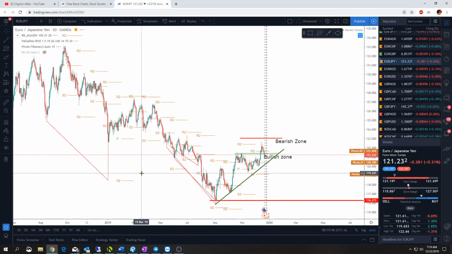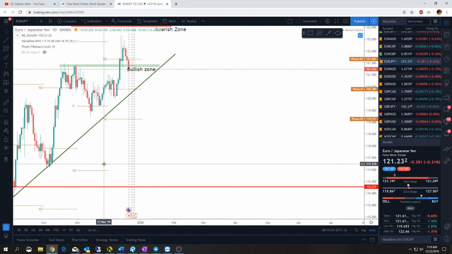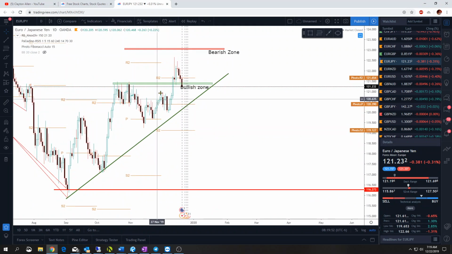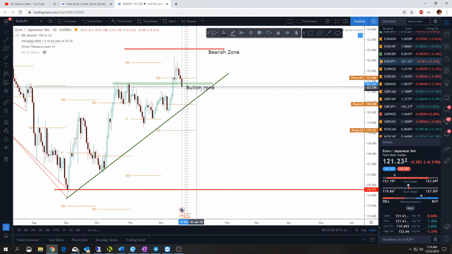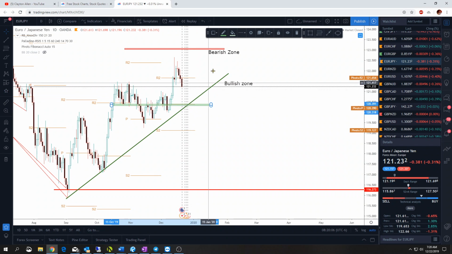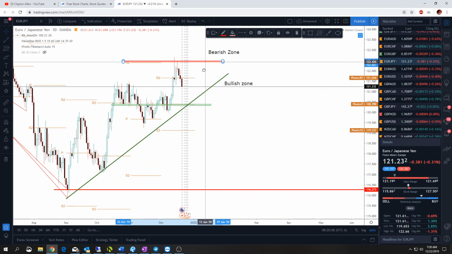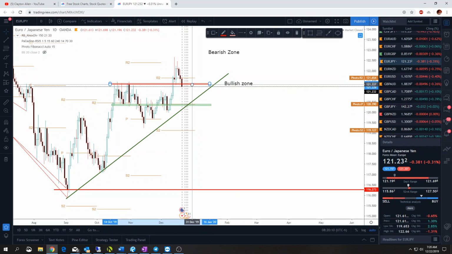All right, so here, British or Euro, Japanese yen, price is kind of sitting right on this former resistance. So I'm not necessarily bullish here anymore because it looks like we kind of broke it. I'm not bullish till this pivot. I'm actually going to be bearish here.